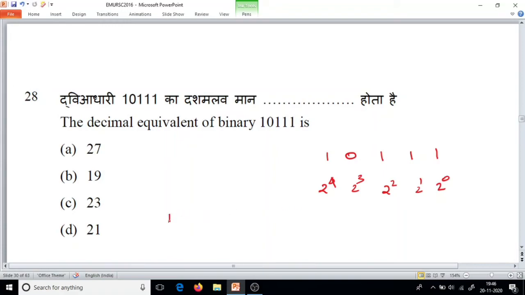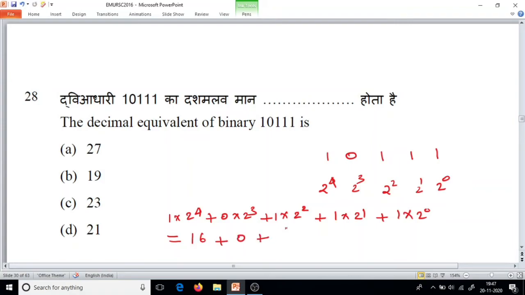Now I'll write 1 multiplied by 2 to the power 4, plus 0 multiplied by 2 to the power 3, plus 1 multiplied by 2 to the power 2, plus 1 multiplied by 2 to the power 1, plus 1 multiplied by 2 to the power 0. 2 to the power 4 equals 16, plus 0, plus 4, plus 2.